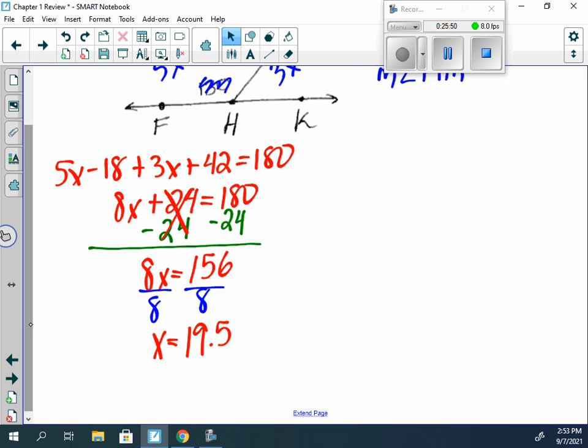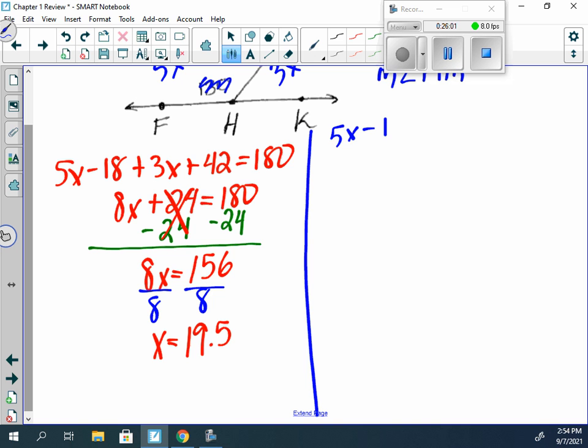Any questions on this here and how we found the value of x? What do we need to do next? We need to plug it back in. So we could take the 5x minus 18, which would be 5 times 19.5 minus 18, and I believe this is going to be 79.5.